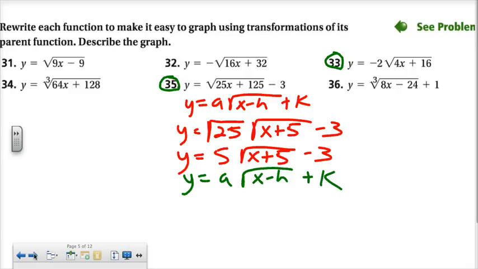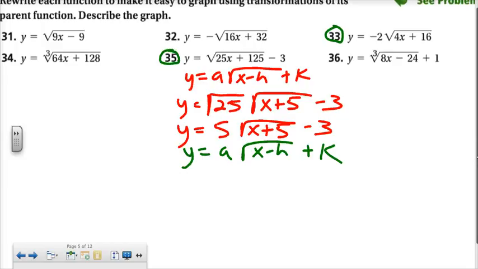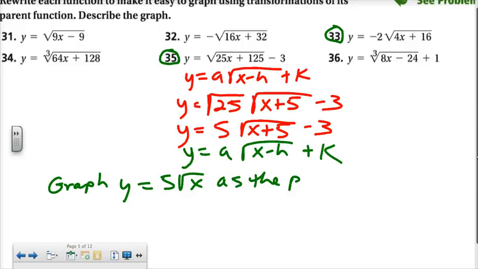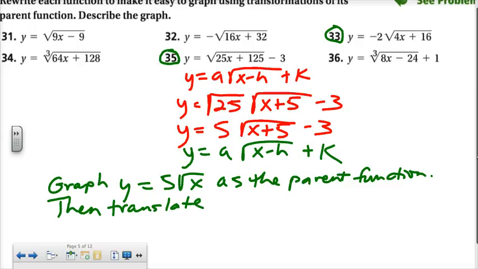And then it says we want to describe the graph. All right, so if I had to graph this, I would graph y equals 5 square root of x as the parent function. Then translate it. Well, my h value is going to be negative 5.